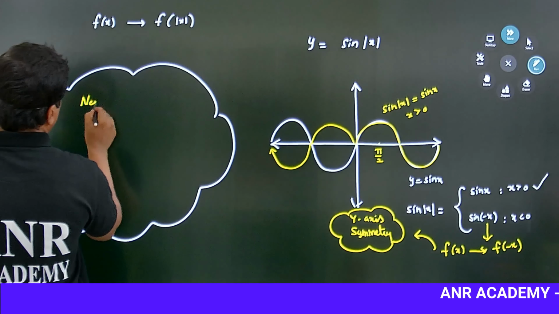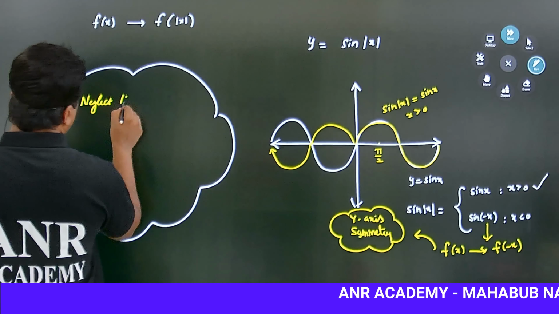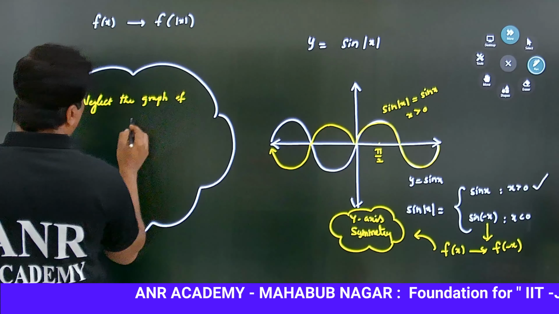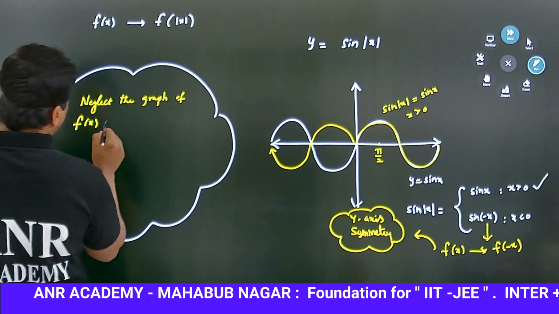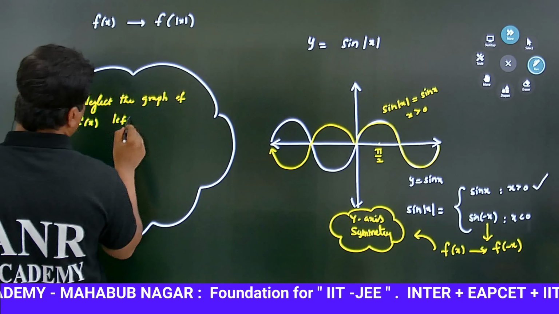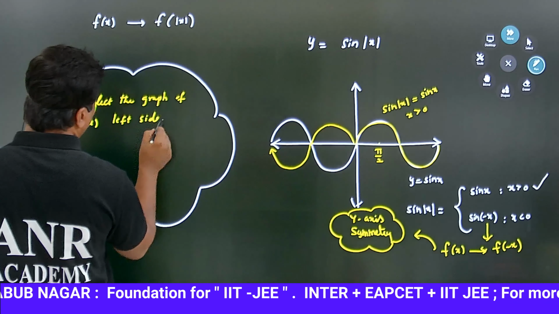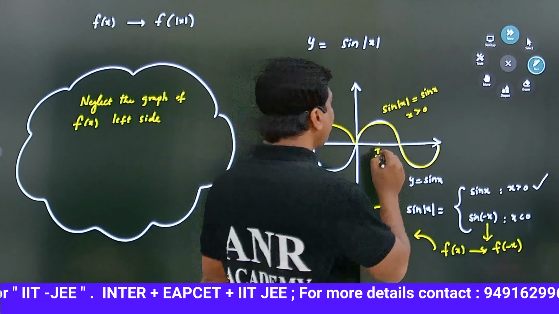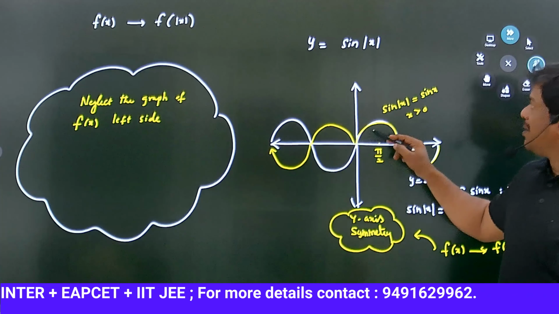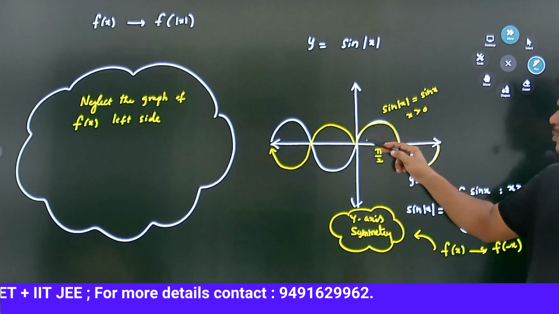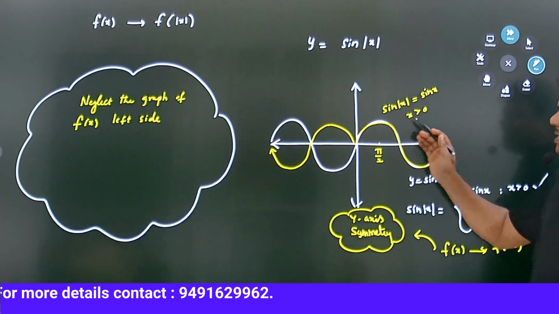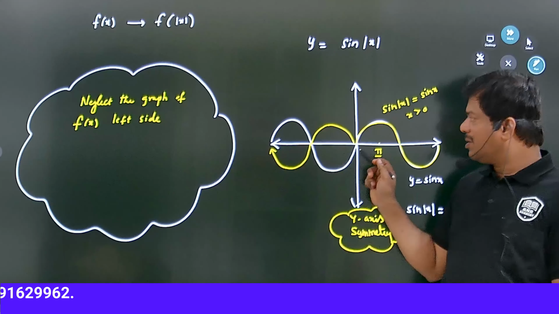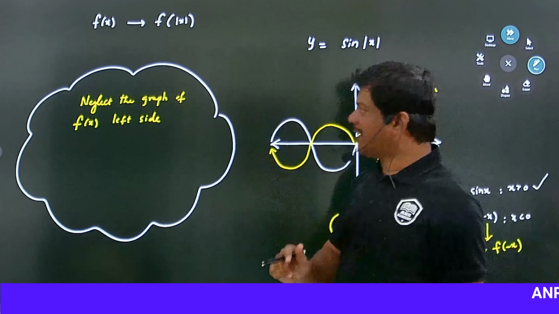First you have to neglect the graph of f of x on the left side. Why? Because for all x more than 0, the same graph we are going to get on the left side. So this left side graph you have to neglect.